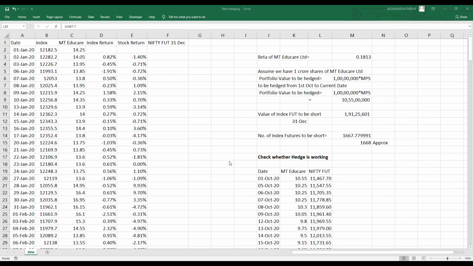So I'm having a position in two markets. One in the cash market, where I have 1 crore shares. And in the futures market, I'm short 1668 index futures. So I'll say cash market gain or loss, or before that, portfolio value.